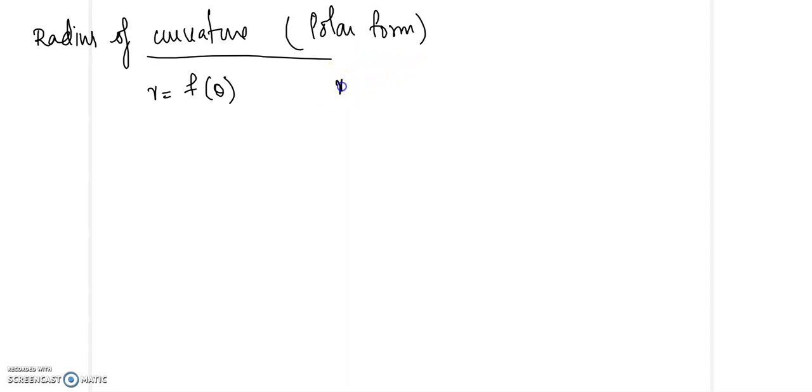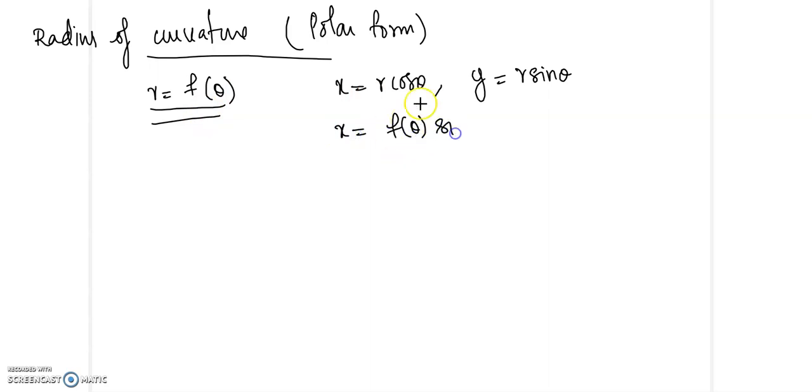So we have x equal to r cos theta and y equal to r sin theta. നമ്മുടെ curve r equal to f of theta ആണെങ്കിൽ x ന്റെ വാല്യൂ വരുന്നത് f of theta. So in the polar coordinates, x is r cos theta, y is r sin theta. For the given curve, r is f of theta.